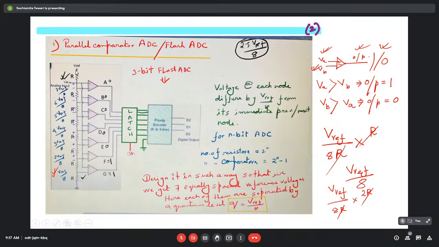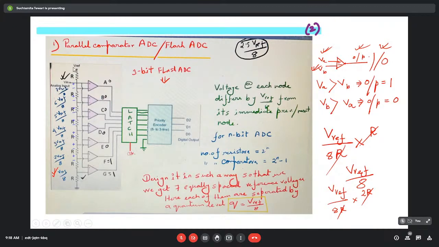Now, the analog voltage which we want to convert into its corresponding digital output is connected to the non-inverting terminal of each op-amp or each comparator. So depending on the magnitude of this V in, for each comparator, this V in value is getting compared with the corresponding reference voltage at the other terminal.